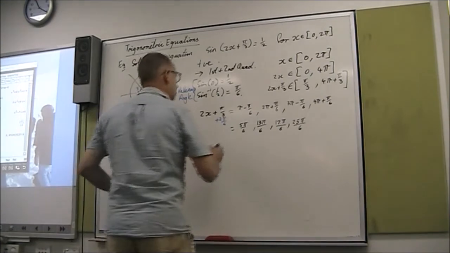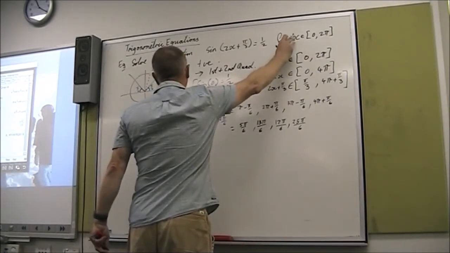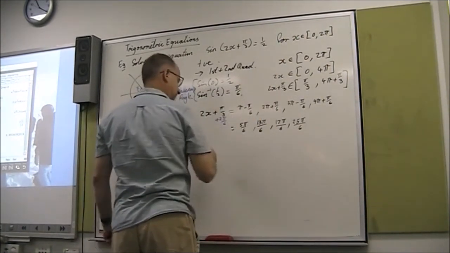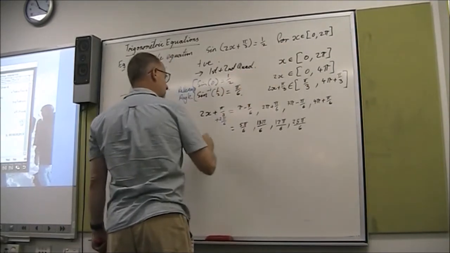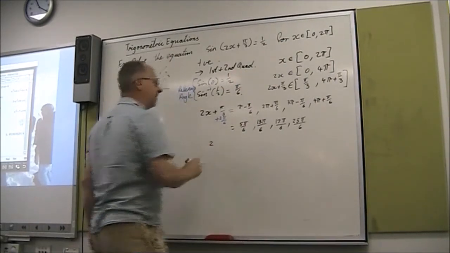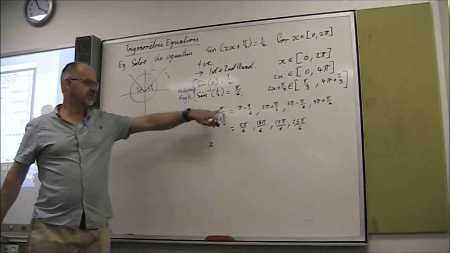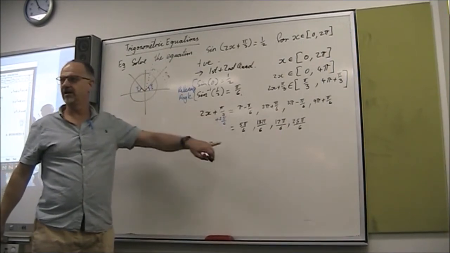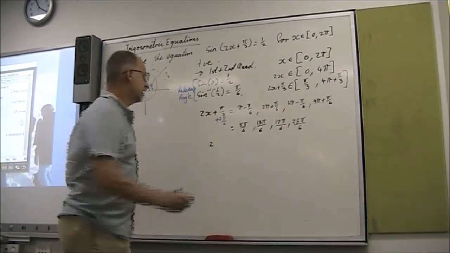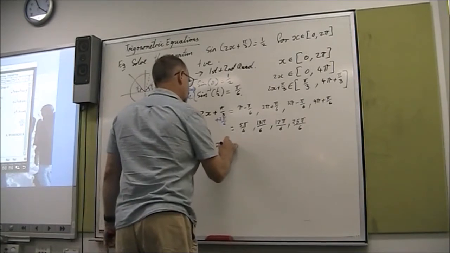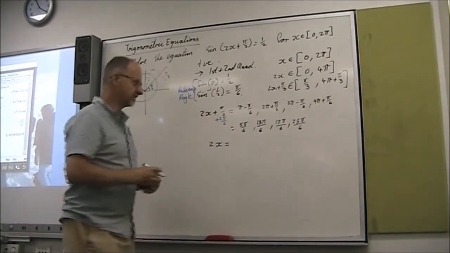Because what have I got to do? We want x, because it asks us to solve for x between them. So first step, I need to move this pi on 3, so I've got to take it away. Remember, pi on 3 is 2 lots of pi on 6.